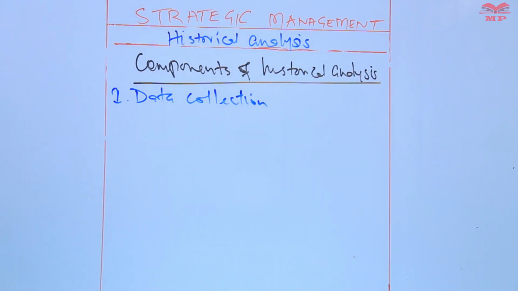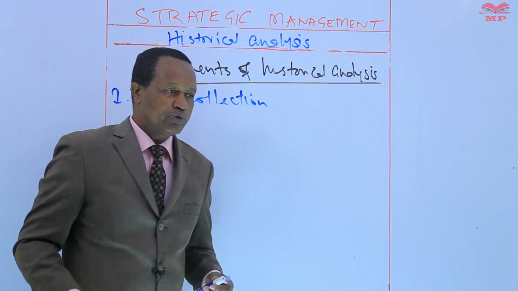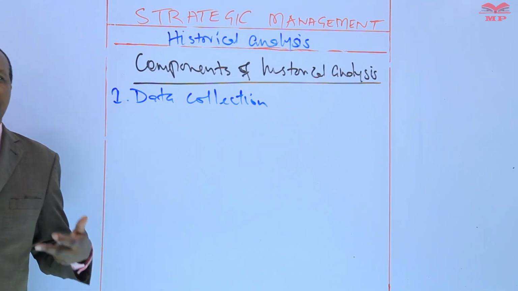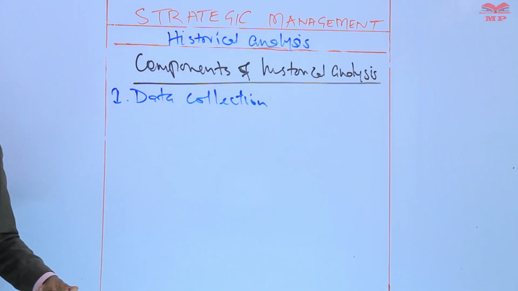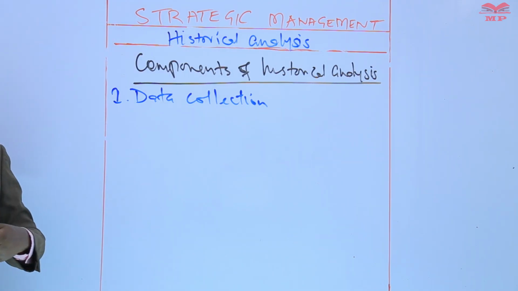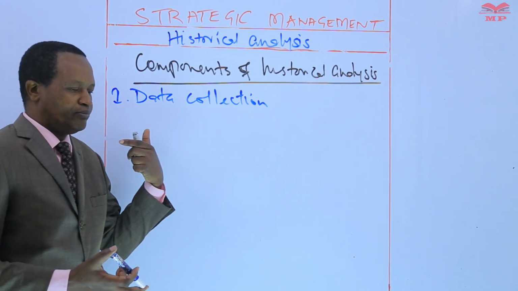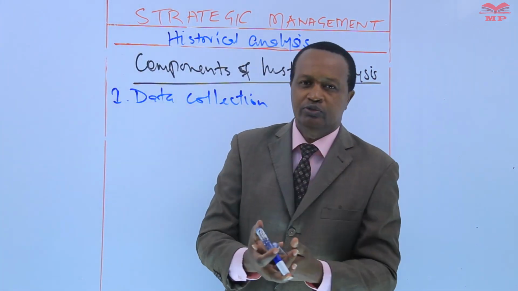Data collection. This involves gathering a wide range of sources, including internal documents like minutes of meetings, annual reports, memos, and also external sources such as news articles, industry publications, competitors' information.